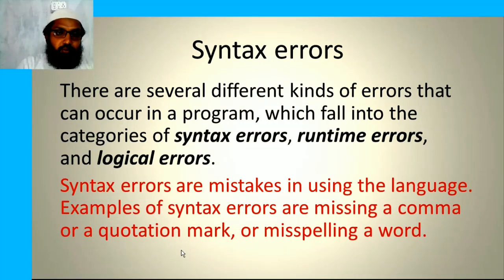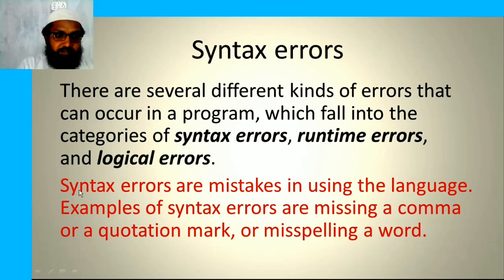Syntax errors. While writing sentences, these are the common mistakes we make. There are several different kinds of errors that can occur in a program, which fall into the categories of syntax errors, runtime errors, and logical errors. We don't need runtime errors and logical errors. These are related to computer and operating system. We just want syntax errors.